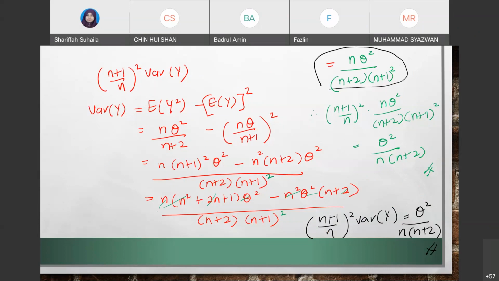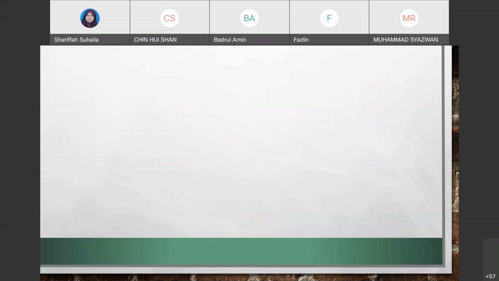Okay, so now we want to compare with the Cramer-Rao lower bound. You can consider this as your variance theta hat, which is theta square over n plus 2. Your Cramer-Rao lower bound is theta square over n.